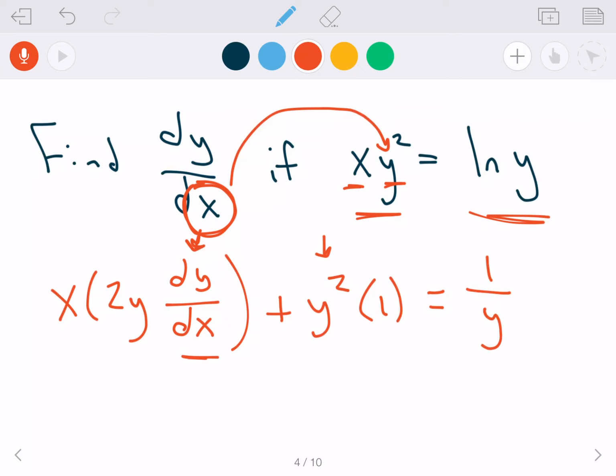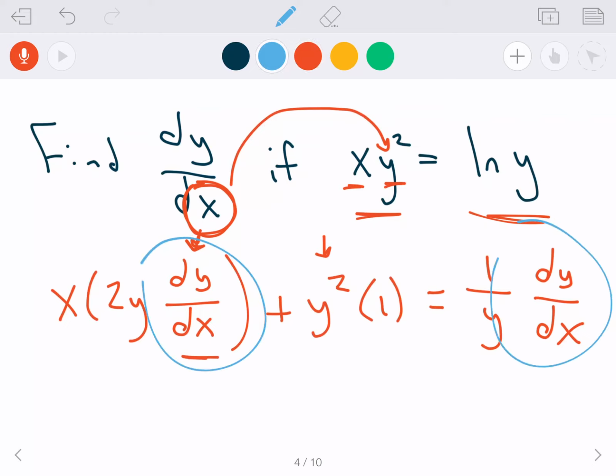Since I'm taking the derivative, and this is a y and not an x, I add on dy dx. And then from there, you know what you do. You gather your dy dx terms on one side of the equation, move anything that's not dy dx to the other side, and then factor out a dy dx, divide by everything else. So you can get dy dx by itself.